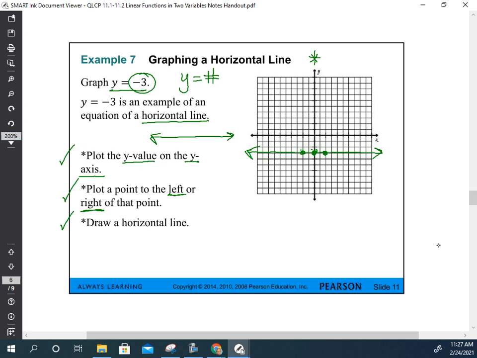There you go. Graph's over. Any questions on a vertical or horizontal line?